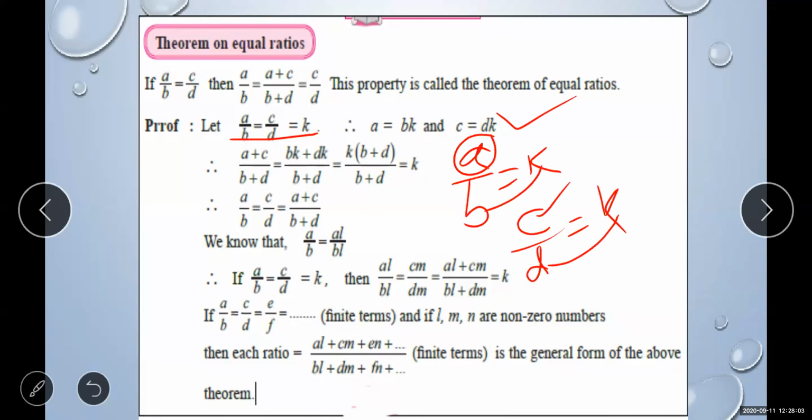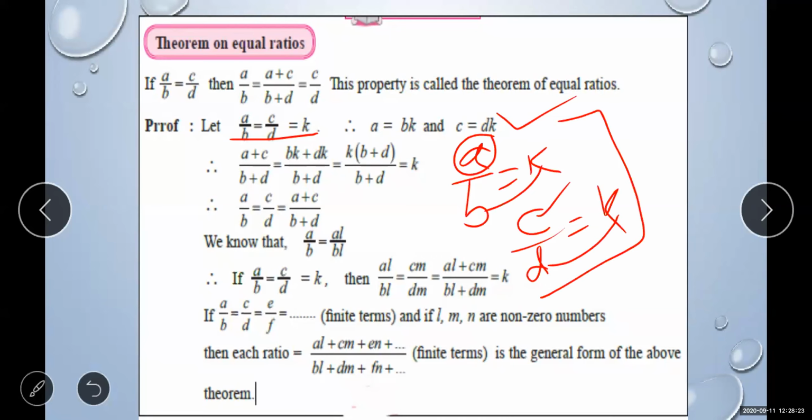So A is equal to BK and C is equal to DK. This funda we have to use in the next exercise. When two ratios are equal, consider them as K, because both are equal, so they have a particular value, that is K. Then we can add the numerators.